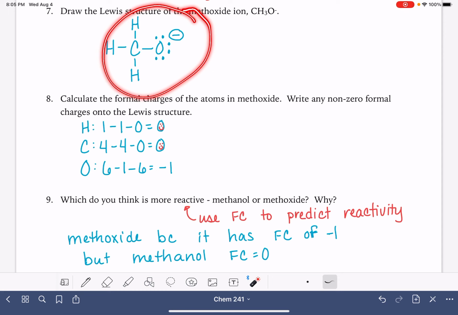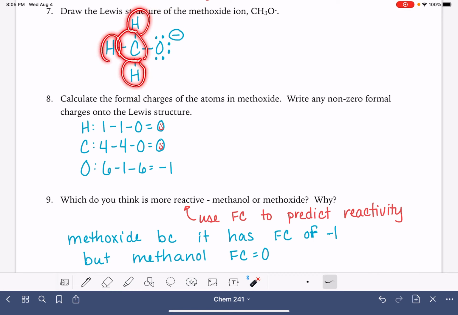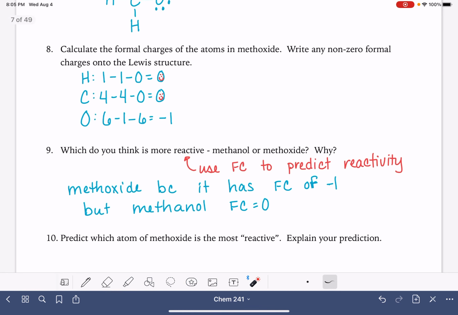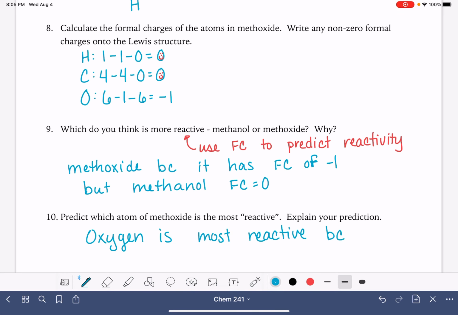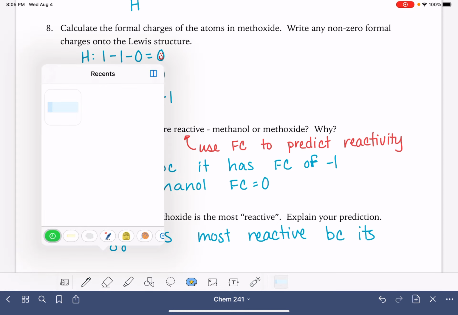And still, same thing, we're going to use the formal charge to help us predict that. The hydrogen atoms and the carbon atoms all have a formal charge of 0, which means that they are stable. They are not reactive. The oxygen atom with its negative charge is the part that is actually the reactive part. So the oxygen is the most reactive, meaning that it is the most unstable because it's the one that has the formal charge.